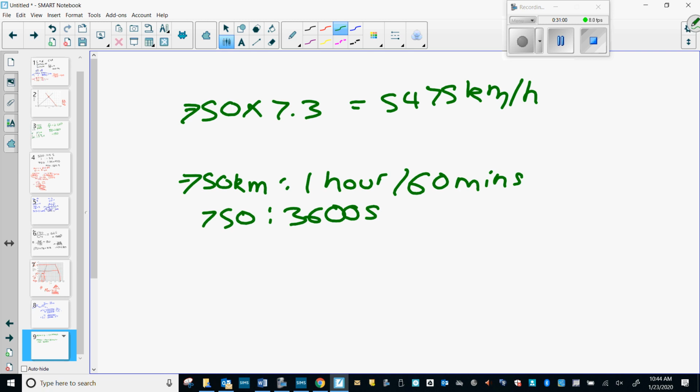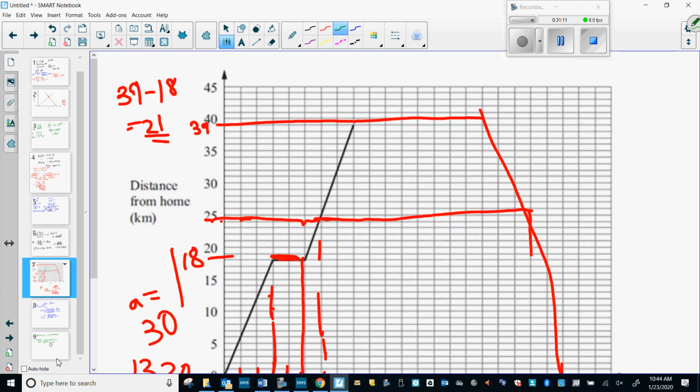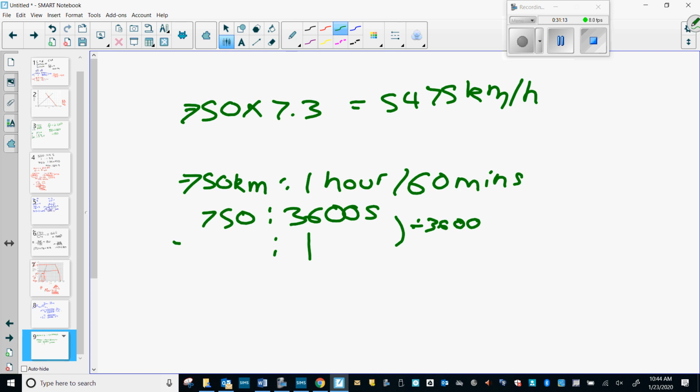And then I did this, 1 divided by 3,600, which equals 208 meters per second.